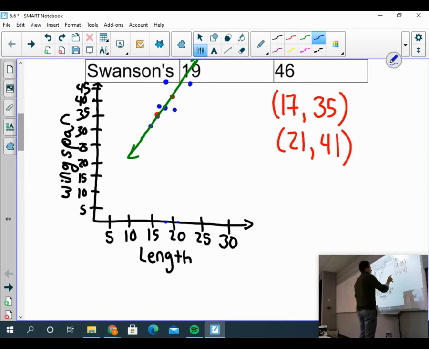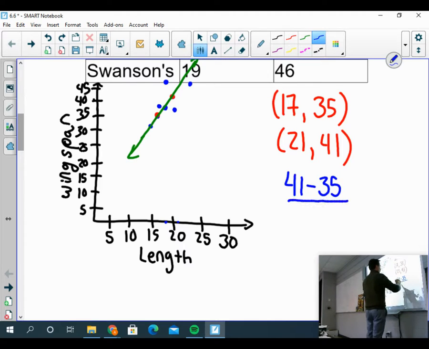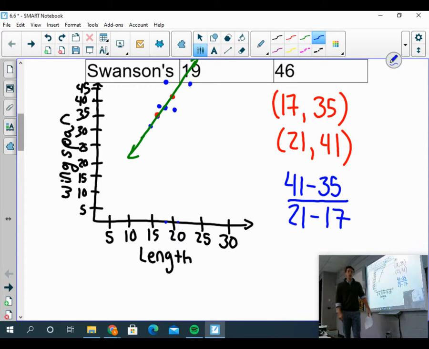Well, I will start by finding the slope. So, I've got my 2 coordinate points here. I'll do y2 minus y1 over x2 minus x1. And if you're not familiar with that process or how I came up with the values for x2 and y2, x1 and y1, go ahead and flip back over to the 6.1 video or your 6.1 notes and you'll see that.